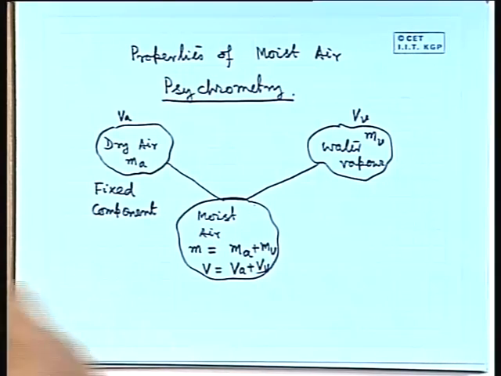The mass of the dry air will not change, so we will take it as the fixed component, whereas the mass of the water vapor can change: more water can evaporate into that sample, or a certain amount of water vapor can precipitate or get condensed.